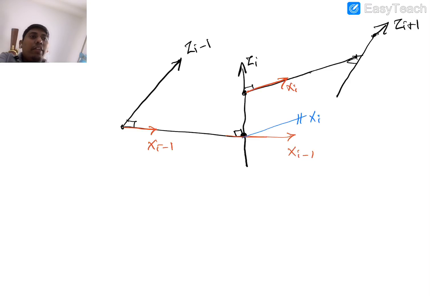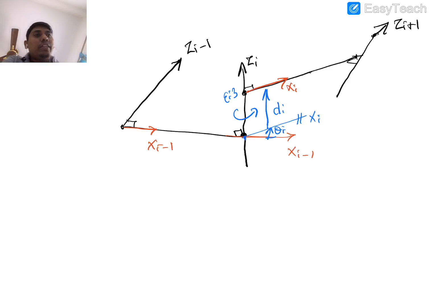Now I will rotate by the theta i angle, that is what I call the joint parameter. The first one is your rotation angle, so I try to make the i minus 1 frame parallel to x i, and I move it further. Now I will do the second operation.